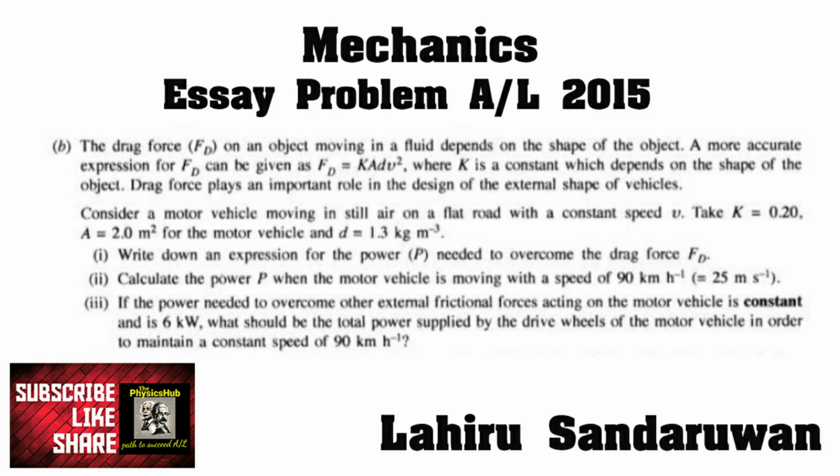Consider a motor vehicle moving in still air on a flat road with constant speed v. Take the K value as 0.2, A as 2 square meters for the motor vehicle, and d value as 1.3. Write down an expression for the power needed to overcome drag force Fd.